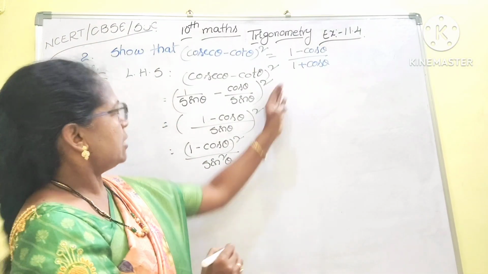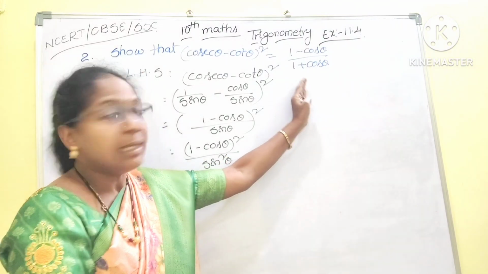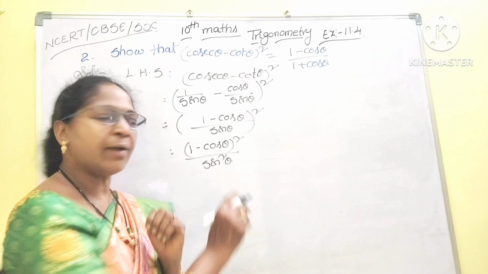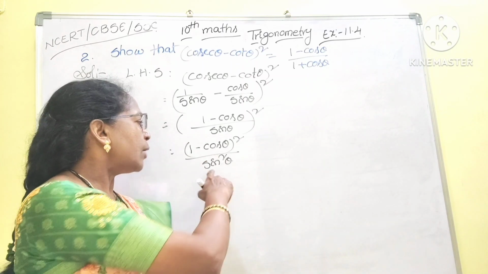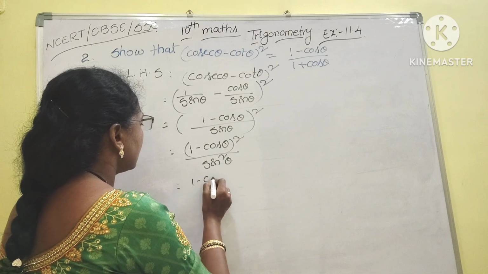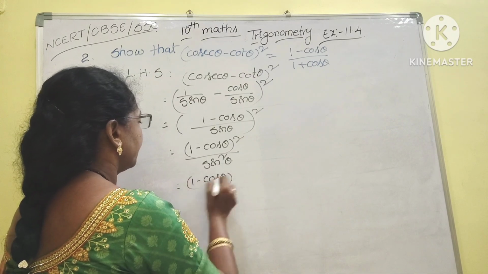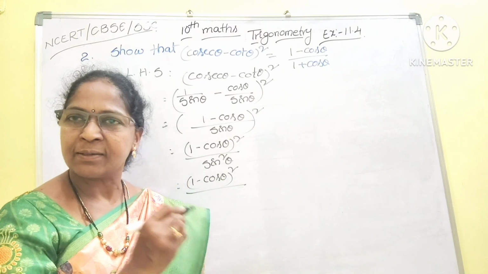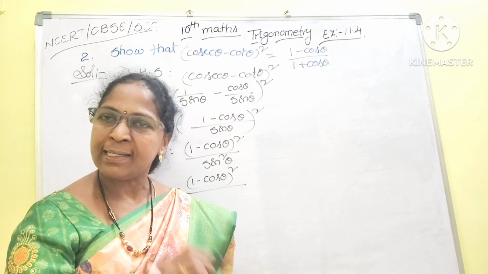Now just let us observe here on RHS. You have to show in terms of cos theta. That means sin value we don't want here. Try to convert these sin in the form of cos. So 1 minus cos theta whole square divided by, where sin square theta can be written as 1 minus cos square theta.